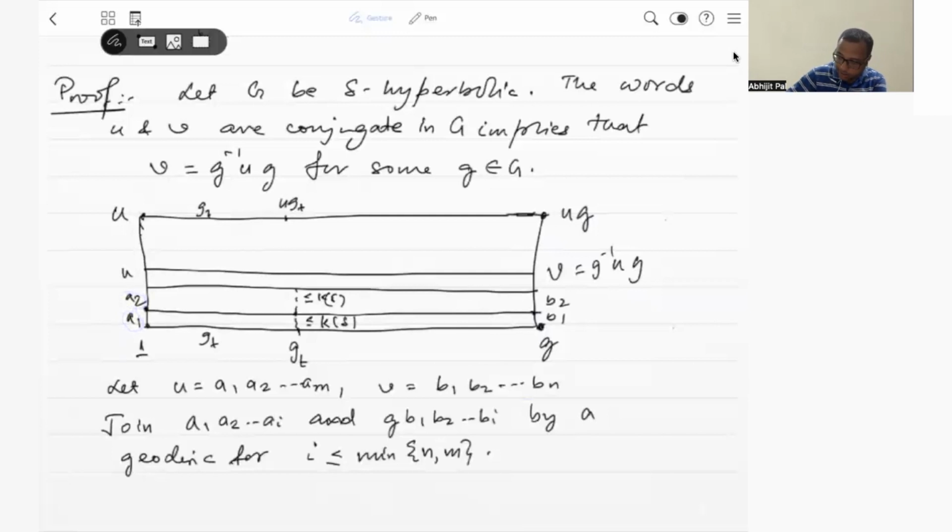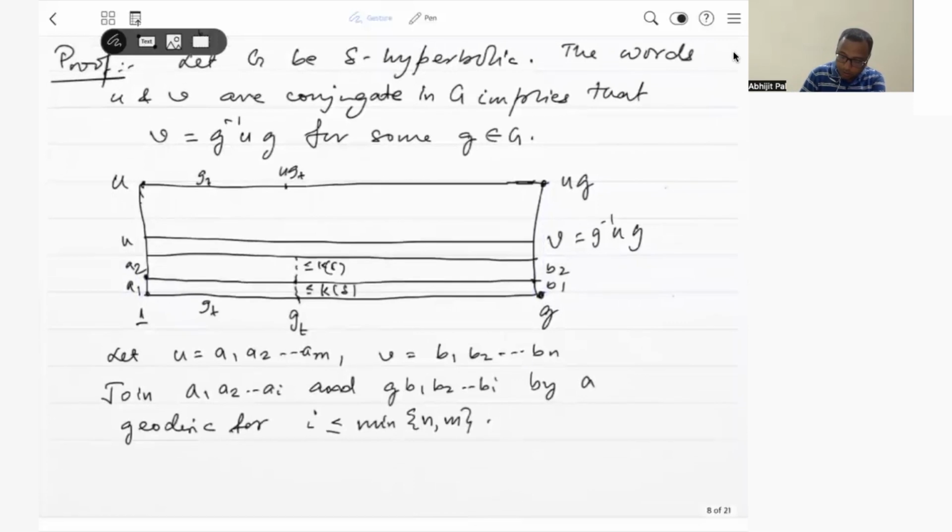And at the other end, on the geodesic joining g and Ug, we will have an edge path where the first edge will be labeled by b1, the second edge will be labeled by b2. Okay, got it. So now join the vertex after a1, a2, ..., ai and the vertex after g, b1, b2, ..., bi by a geodesic, for i less than or equal to the minimum of n and m.